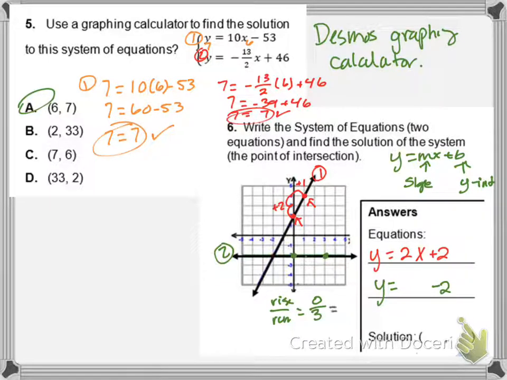So 0 divided by 3 is just 0. So we can put 0x minus 2, or we can just put y equals -2. Okay, and so our solution to that system is where they cross, and they cross at this point right here, which is -2 for the x and -2 for the y.